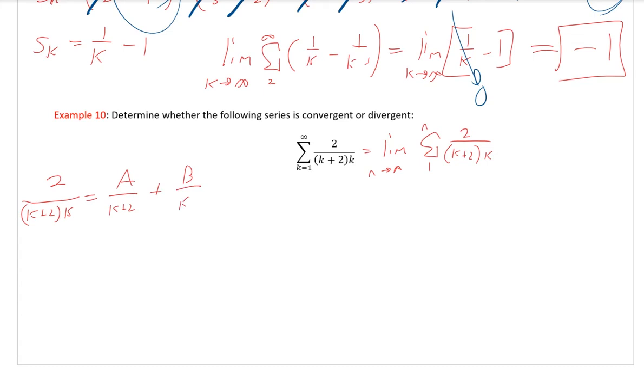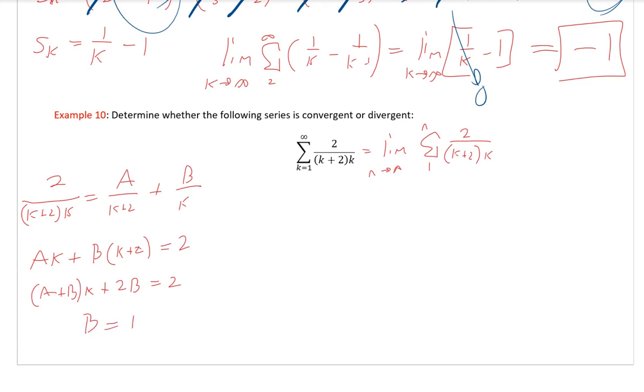Doing a little bit of work there, we have a times k plus b times (k plus 2). That should equal 2 itself. Or (a plus b)k plus 2b equals 2. Therefore, b equals 1 pretty easily.